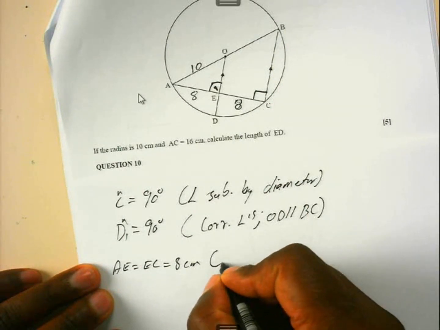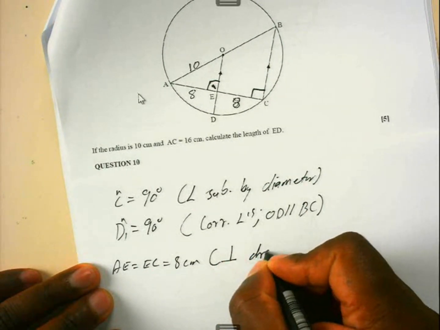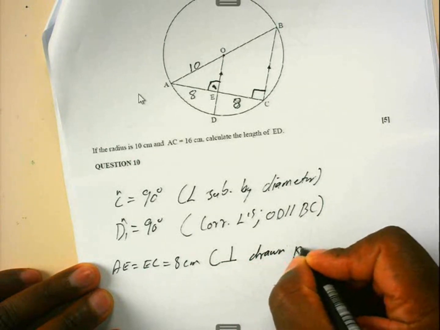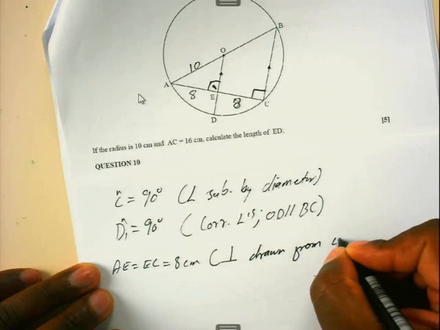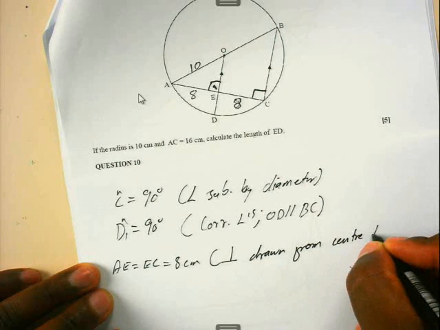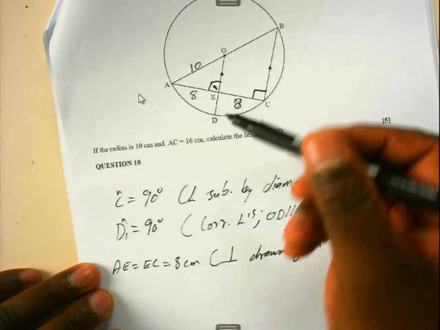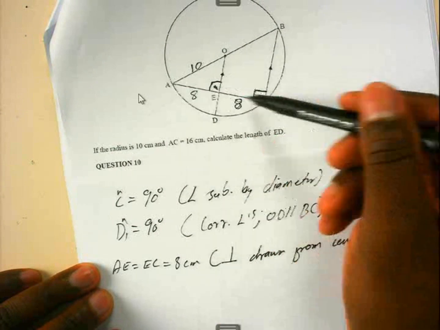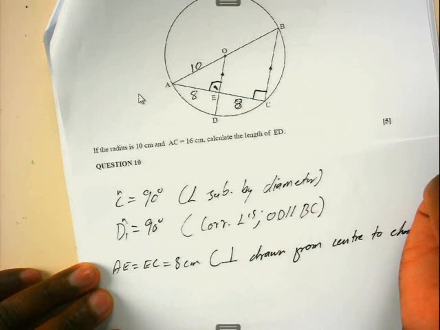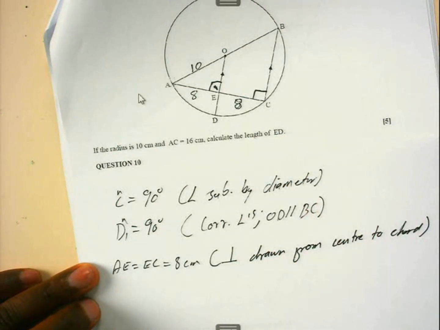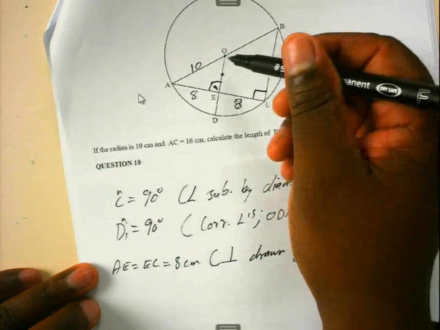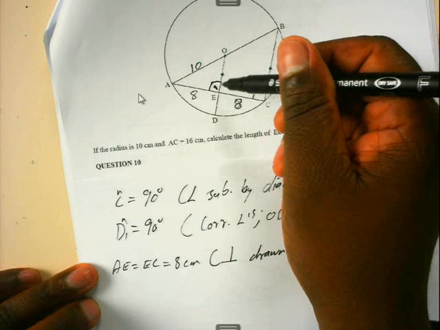Perpendicular drawn from center to chord. Sometimes if you forget, you can just say OE is perpendicular to AC. So it's 8 centimeters. Now we can apply Pythagoras theorem to determine the length of OE.